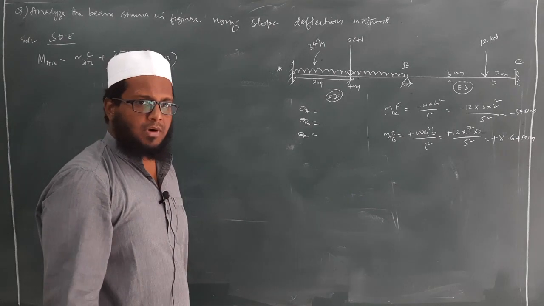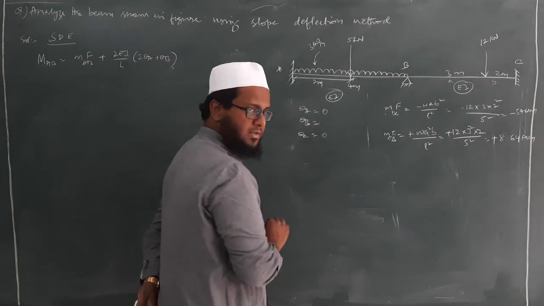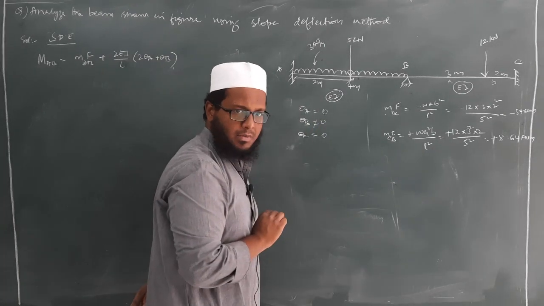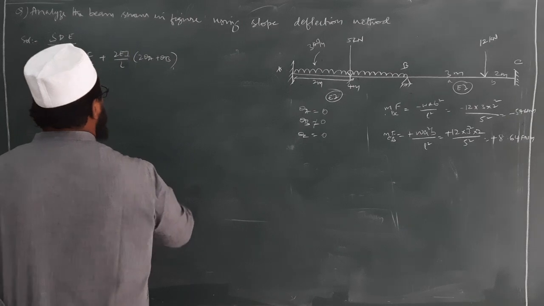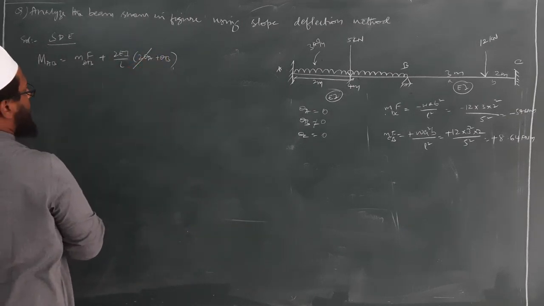Theta A is equal to 0. Theta C is equal to 0. What about theta B? It is not equal to 0, right? So theta A will become 0.